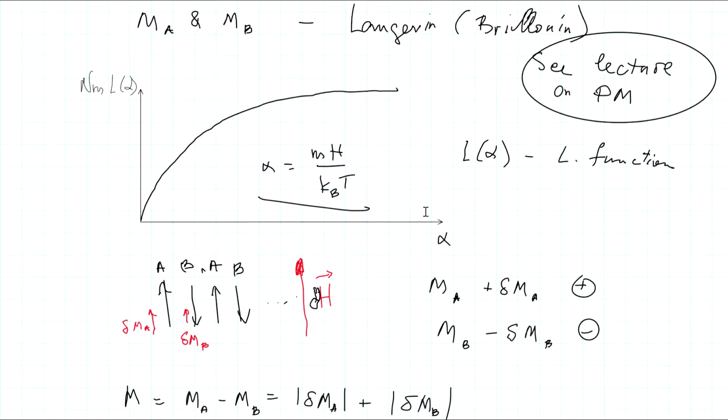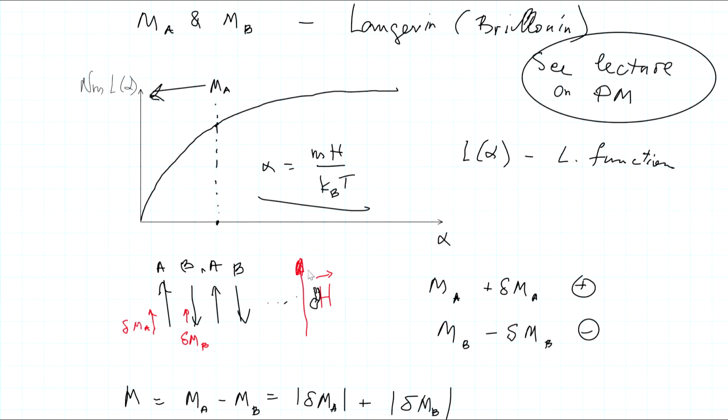Now this is delta alpha, and if you look at this plot here, for example, we are sitting somewhere here. Let's say you are here, and that's, if you look at, for example, MA, MA would be the magnetization. This is error, that's not alpha.